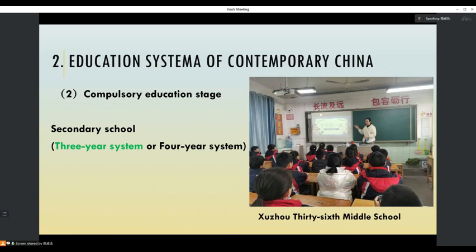So more parents, just like me, want their child to go to high school, not to technology school. Because if you graduate from technology school, you can go to work, and not learn more knowledge.